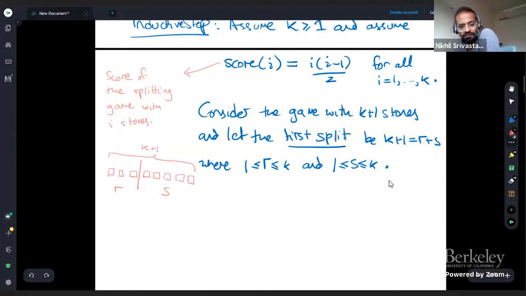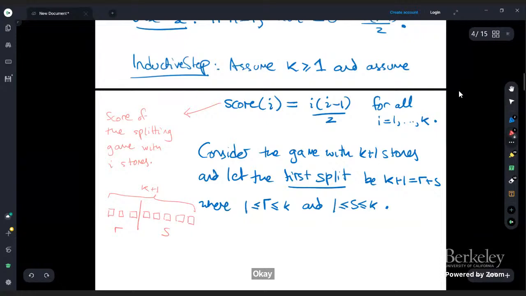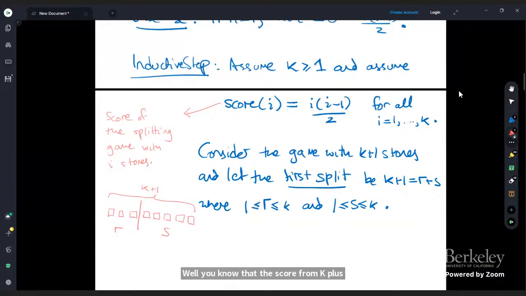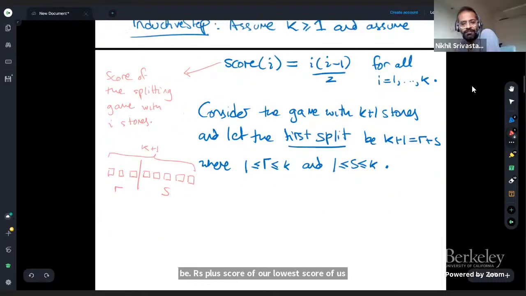Okay. So now, what should I do now? Well, you know that the score from k plus 1 is going to be rs plus score of r plus score of s. Exactly. So the key point is after the first splitting, I now just have two different copies of the splitting game, but on smaller piles, right?